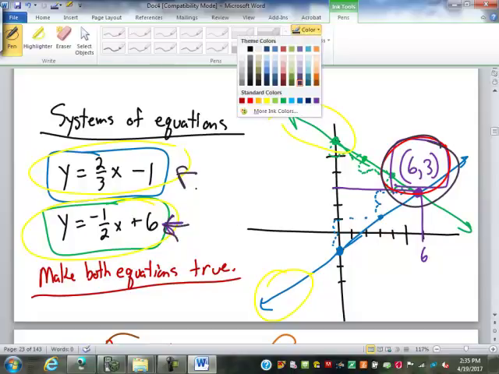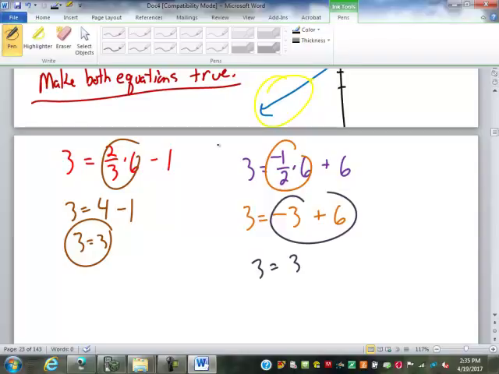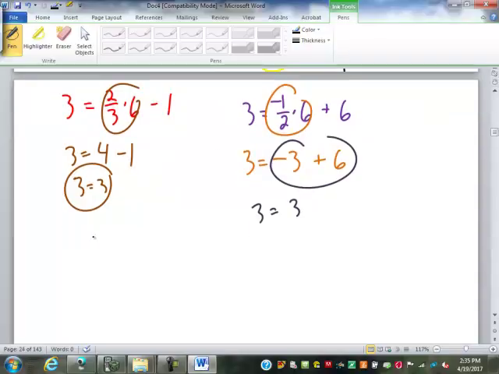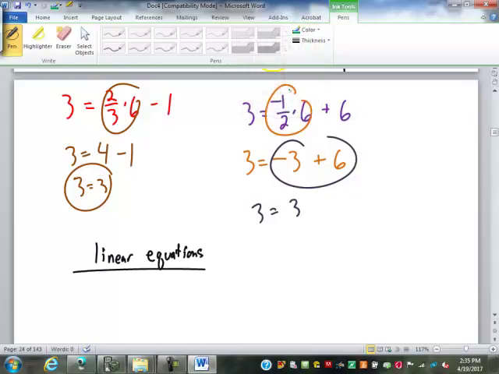Now, if we look at this, there are only 3 possibilities here. Since we're dealing with linear equations, and that's all we're going to work with, I'm not going to throw in any sort of other fancy equations on us. When we're working with linear equations, our graph is going to be a straight line for each of them.